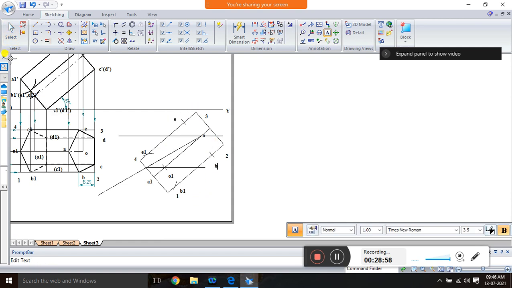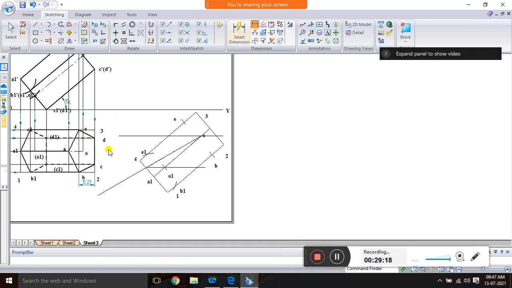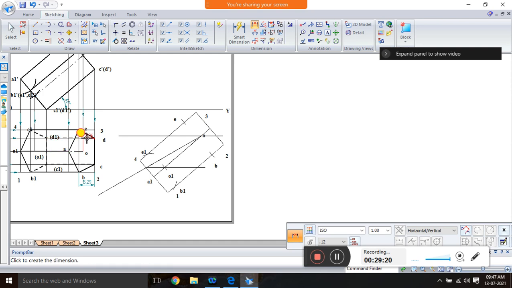Now I need this C and D. I already got this, so we just use from here to here. From the center to this distance is 12.5.